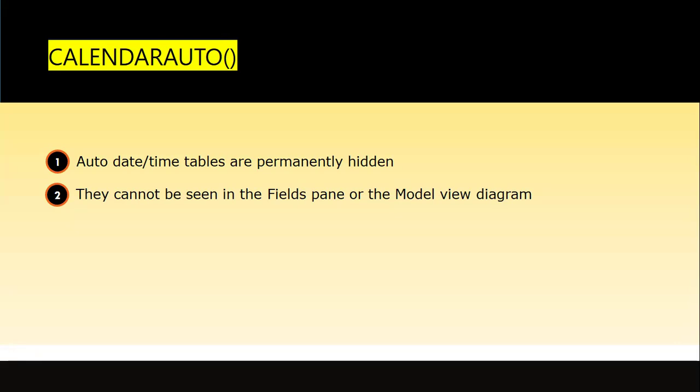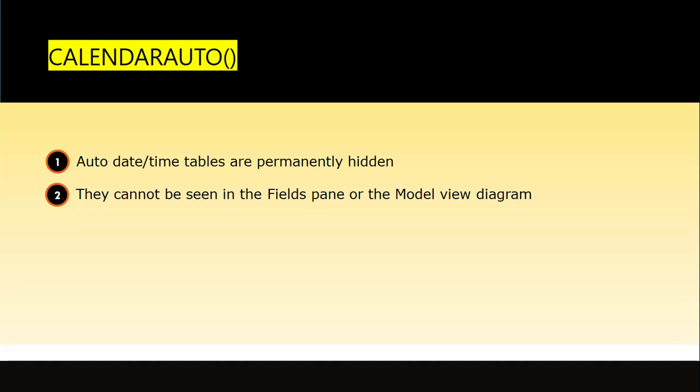But with calendar auto, it automatically checks the least date and the recent date from your model, whether you have 15 tables or 20 tables. So you don't have to break your head.